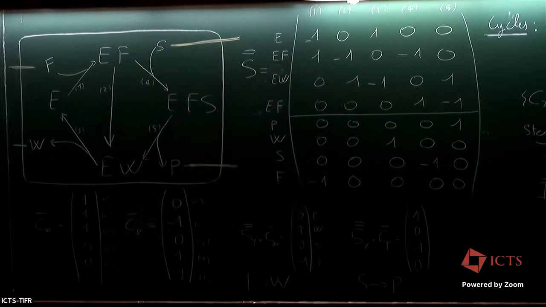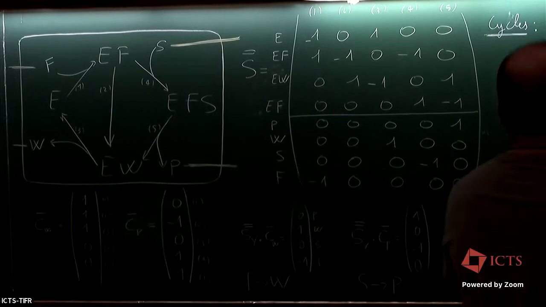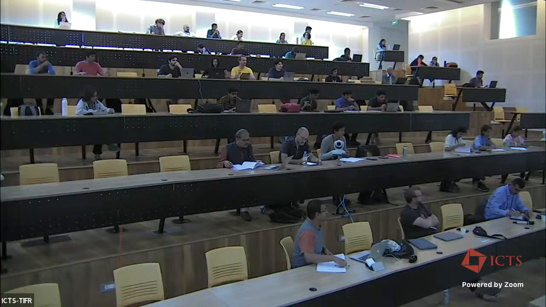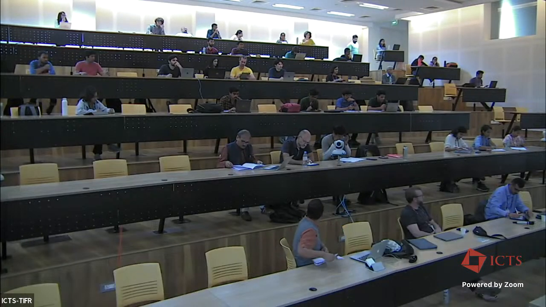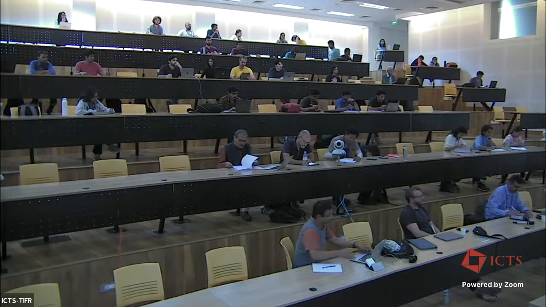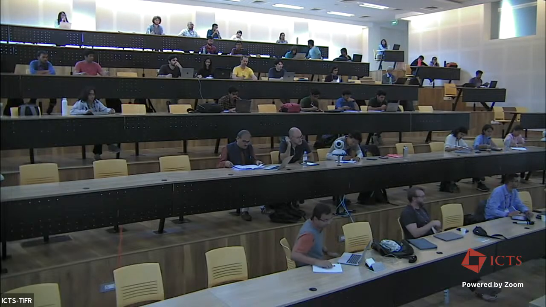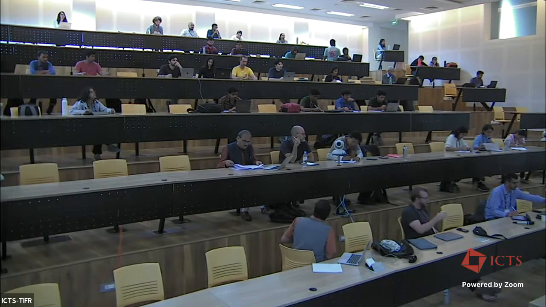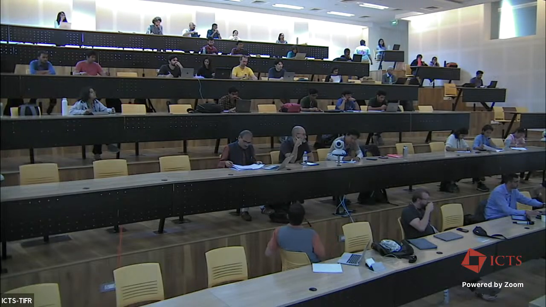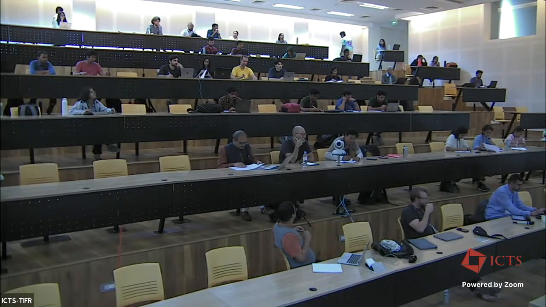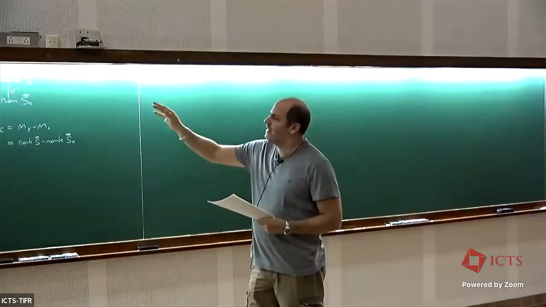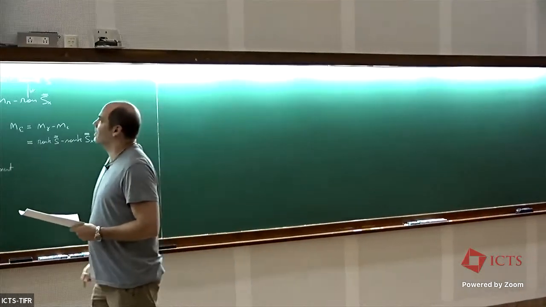We are in part 2 about topology, the role of topology on thermodynamics. Last time we ended by introducing topology and I introduced cycles as right null vectors of the stoichiometric matrix.